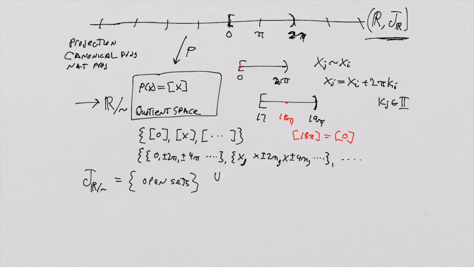The infinite union has to be an open set, the finite intersection has to be an open set, the entire set has to be an open set, and the null set has to be an open set. And so we need to create this collection of sets. We need to invent this in order to make this a topological space instead of just a space. And so what logic do we use to create that topology?